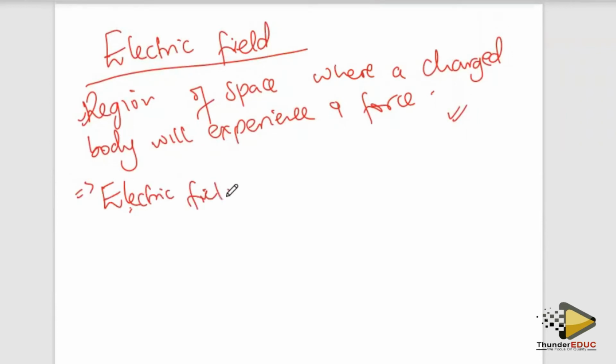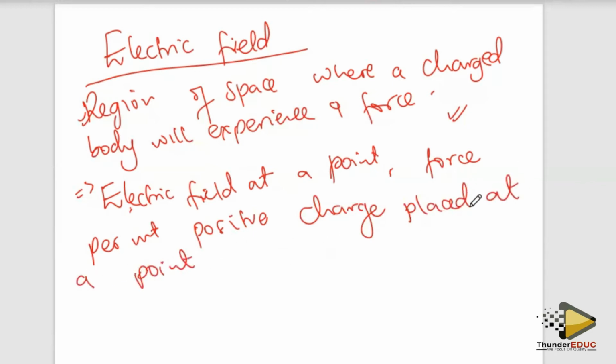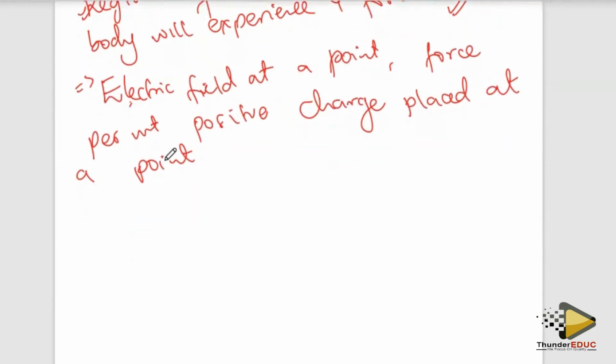Electric field at a point is the force per unit positive charge placed at that point. The force per unit positive charge placed at that point. We shall go into details when we look at some examples.